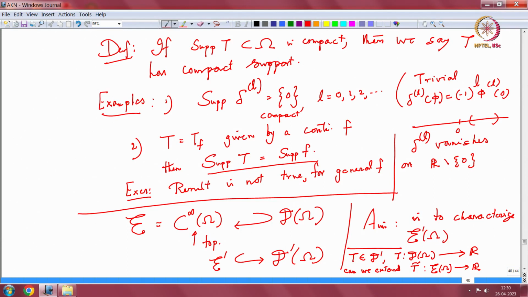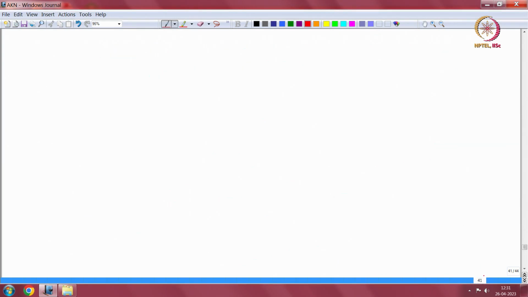So, what are all those distributions which can be identified with E prime? What we are going to see is that E prime can be identified with the set of all distributions with compact support, and that is the theorem.